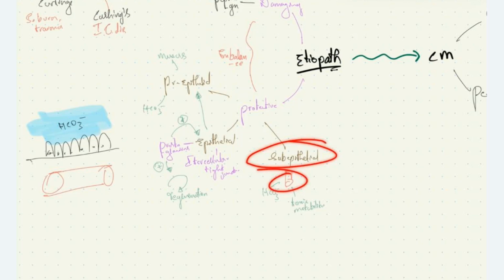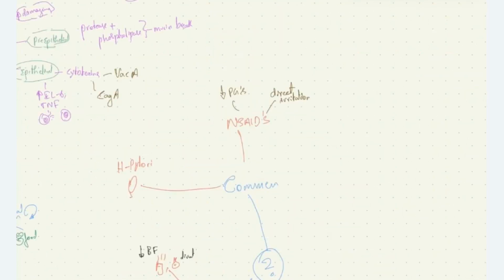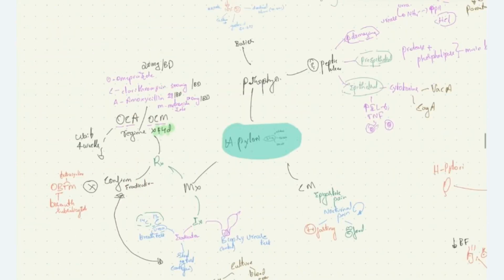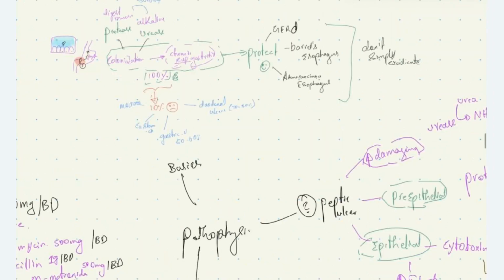The most common cause impairing these damaging and protective factors is NSAIDs, and also we have H. pylori. The H. pylori we discussed extensively. H. pylori is a triple positive bacteria, which is catalase positive, oxidase positive, and urease positive. The pathophysiology basics we saw.